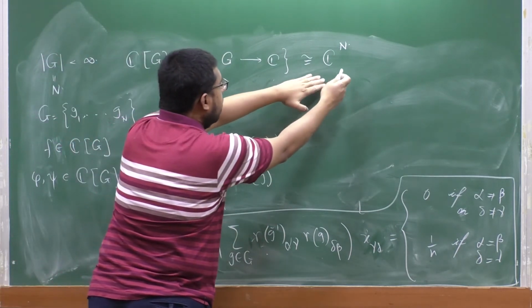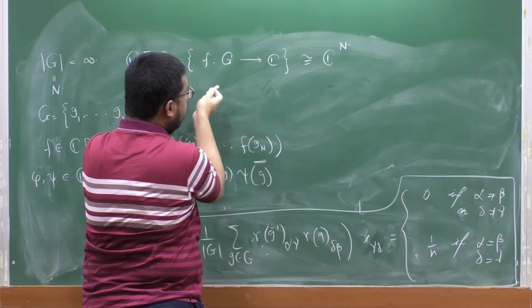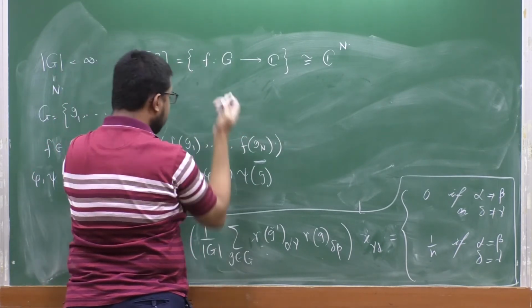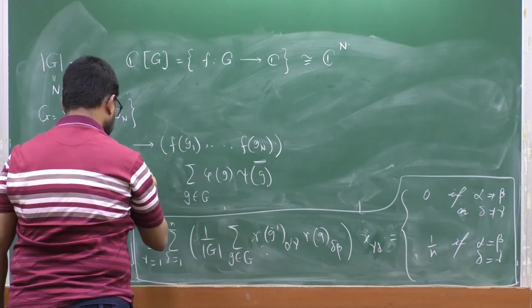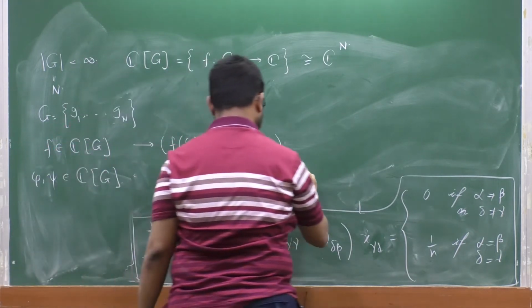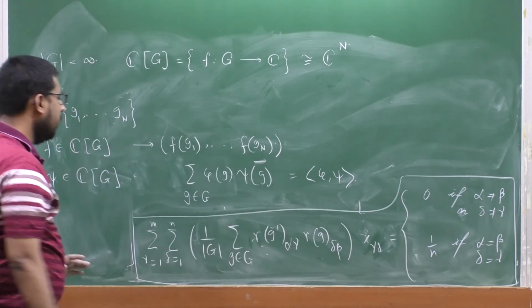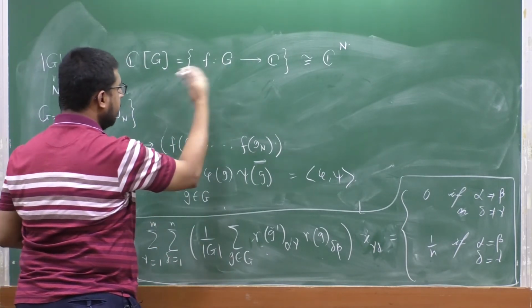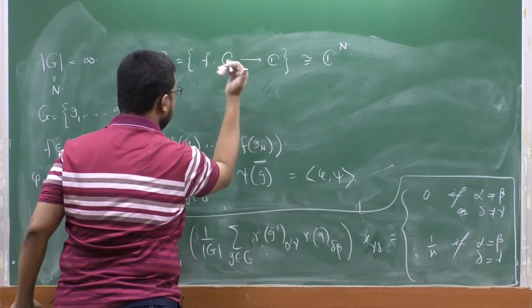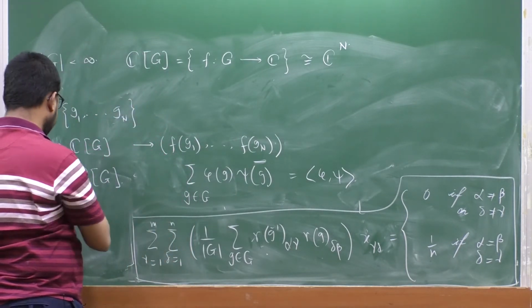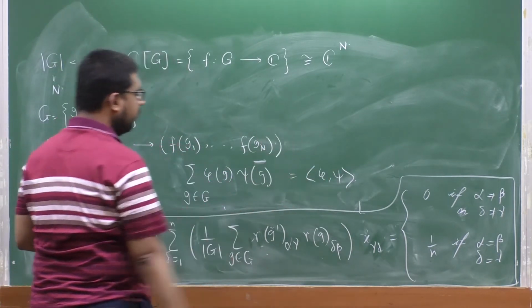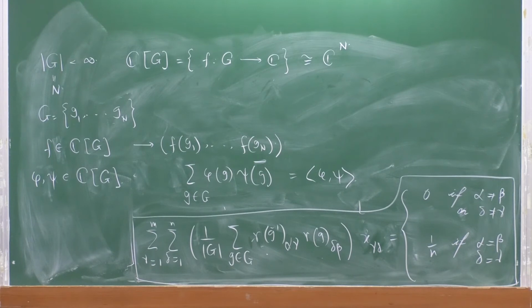So if we take the usual inner product on C^n and transfer it to CG, then that's how it should be. Okay. If we transfer this usual inner product to here, then for any two functions phi and psi, this is what we should have, right.